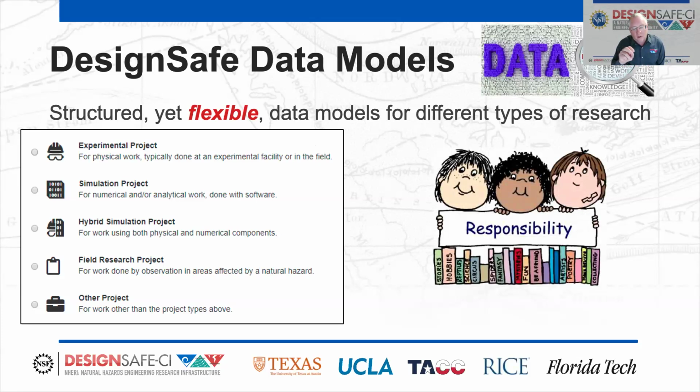You're going to have to talk about certain things, fill out certain fields, and have certain data available to use the model. But we don't tell you what you have to name your files. We don't restrict types of files. You can put whatever types of files you want. We recommend certain things about what you should and shouldn't do, but we don't force you into anything.